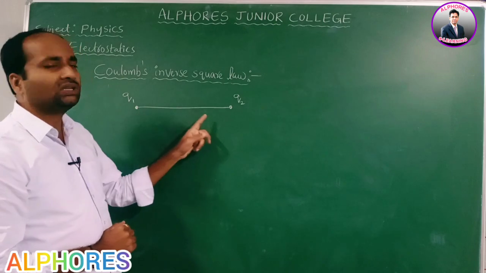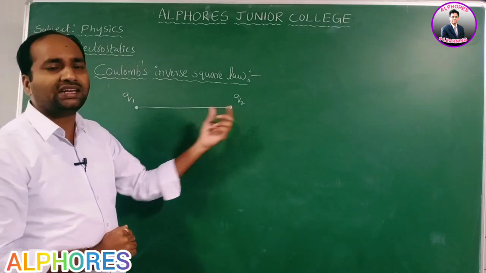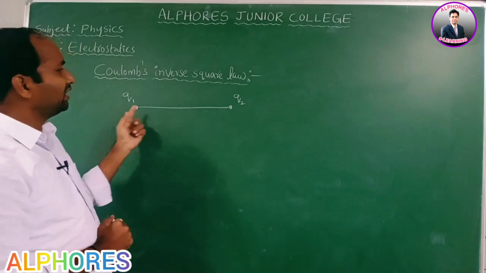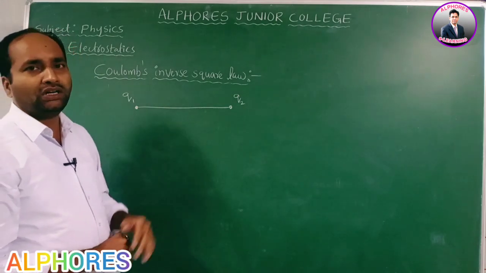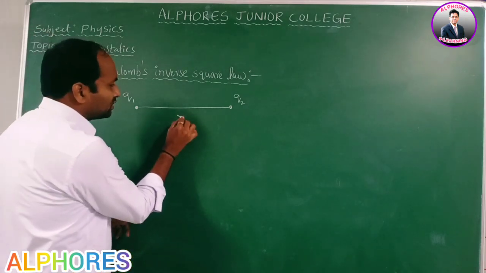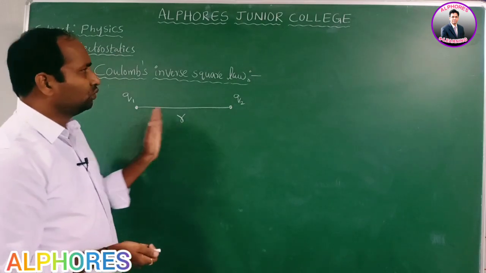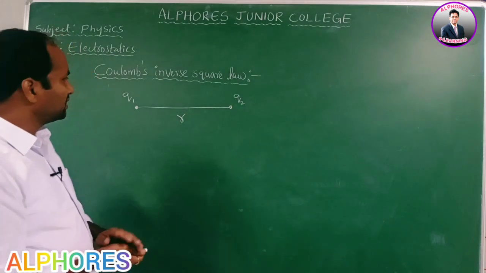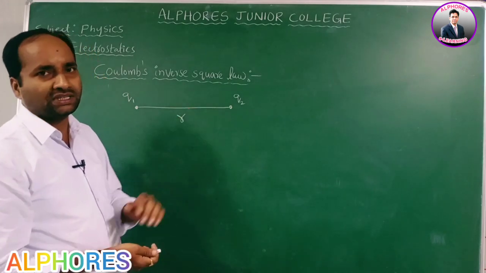If the size is negligible, then we may treat them as point charges. Here Q1, Q2 are two point charges separated by a distance r in free space or air.